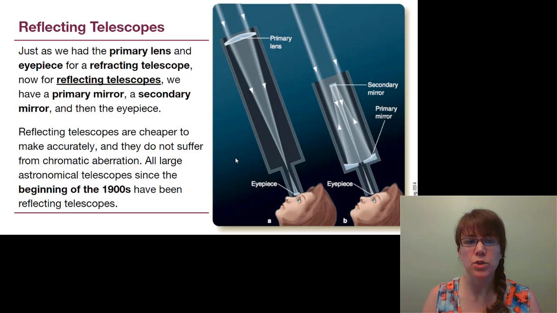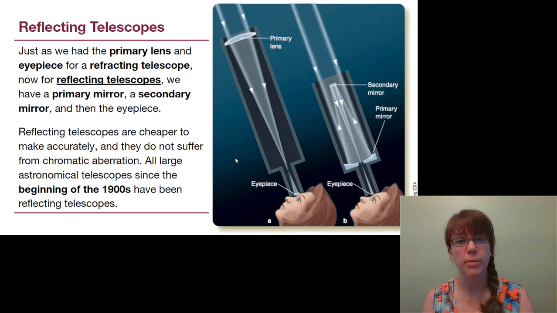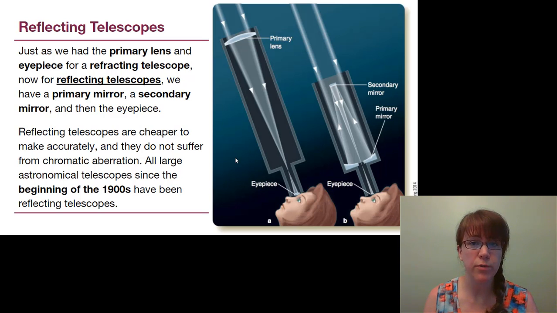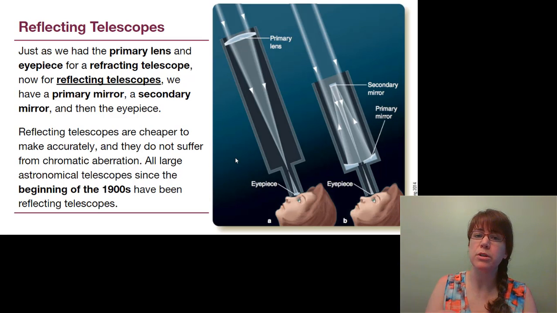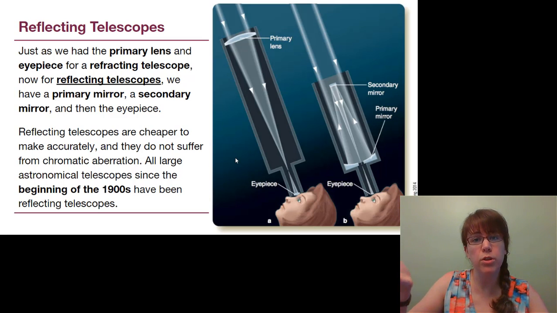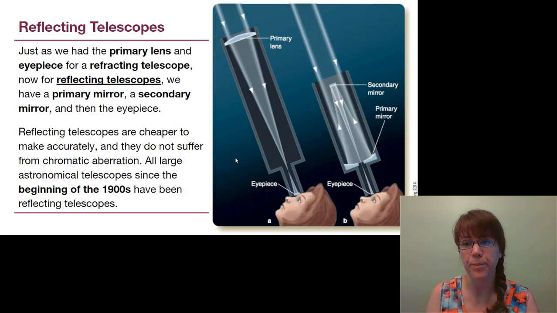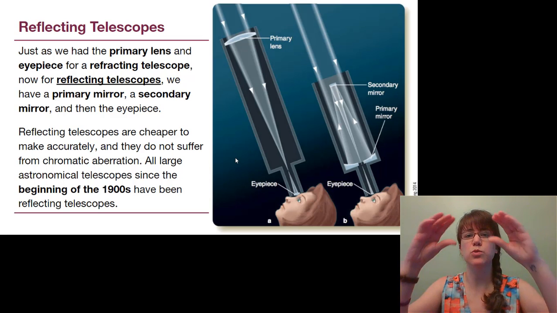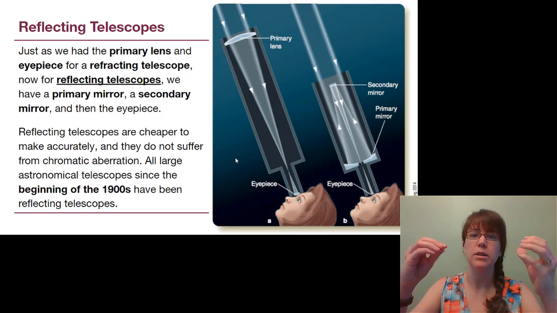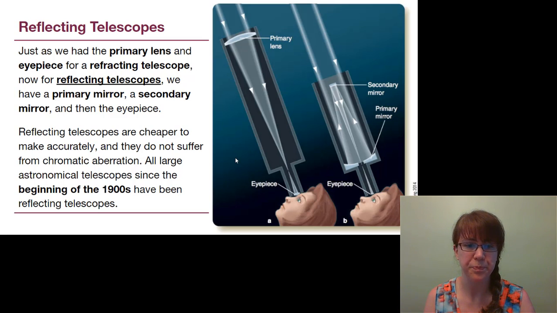So reflecting telescopes are cheaper to make accurately. They don't suffer from chromatic aberration, and you can more easily support the mirror since you can hold it all the way underneath so that you can have those larger mirrors supported against gravity, unlike a lens which you can only hold on the outside because you need the light to shine through it.